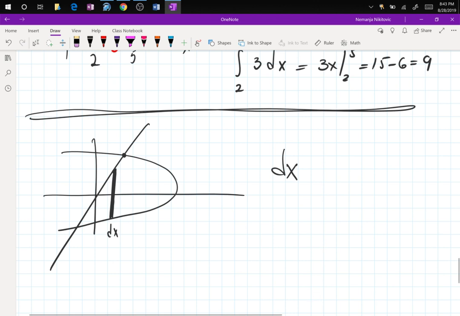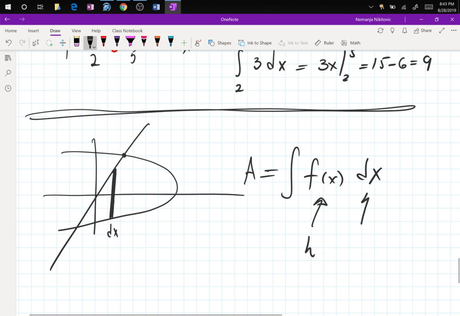So, if I draw one of those representative rectangles dx, guys, when you write your function f of x dx, you are calculating area because this represents your height and this represents the width of the rectangle in question. It's f of x times dx.